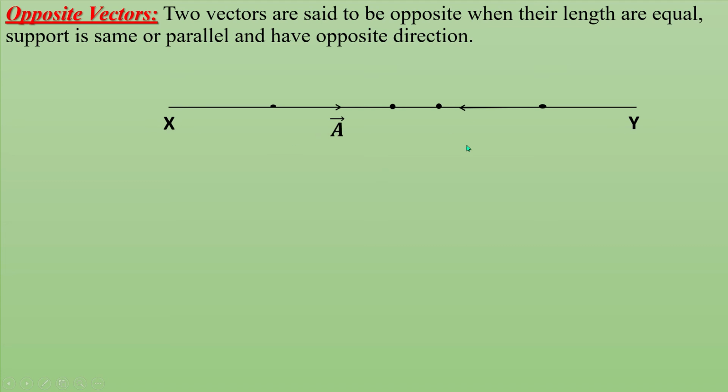The vector A and the vector B have the same length, support line the same or parallel, but their direction is opposite. The direction of A is along this side, but the direction of B is along this side.